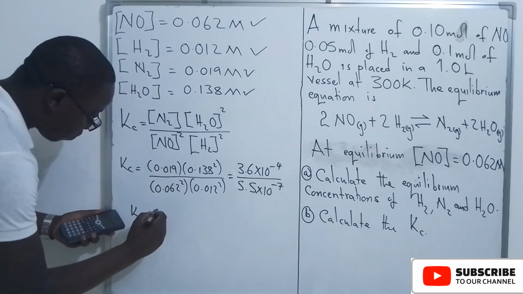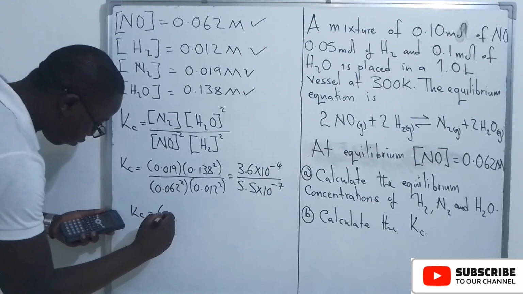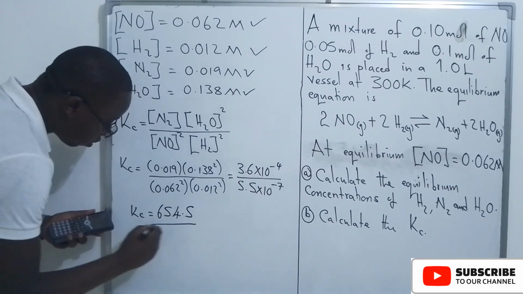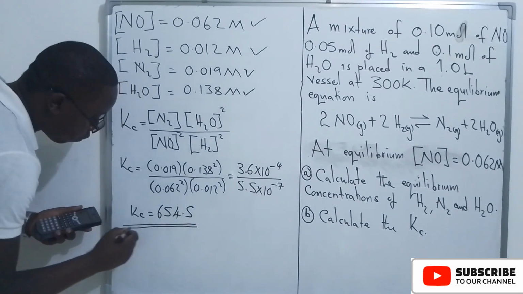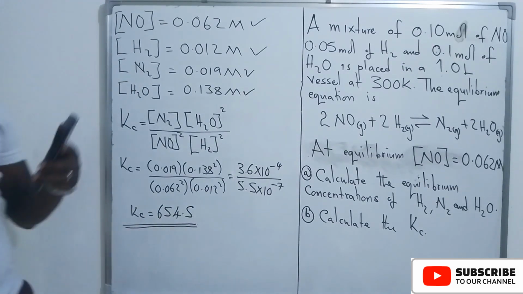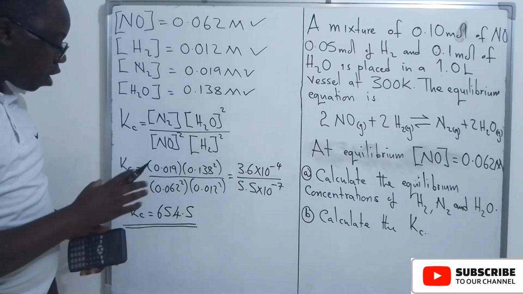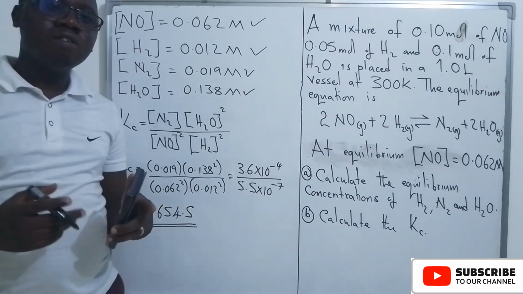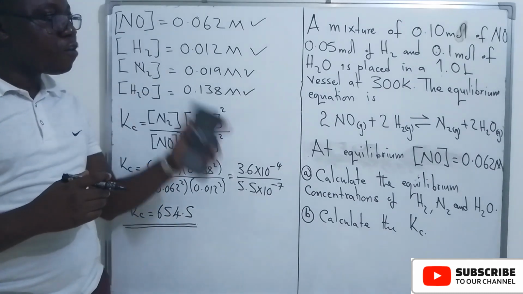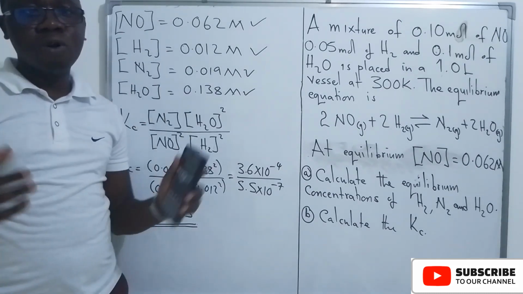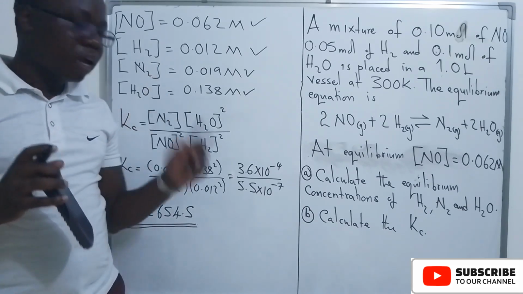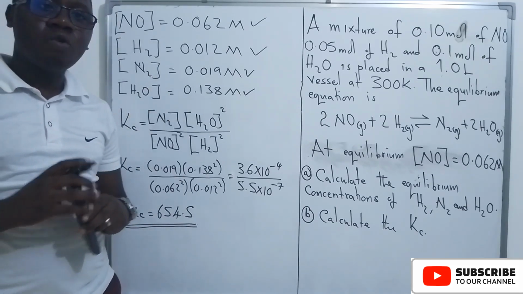The Kc is equal to 654.5. So this is the value of Kc. You might notice that this value is too big. This simply means this reaction favored the product. So hope you have followed how we have done the steps to calculate this question.